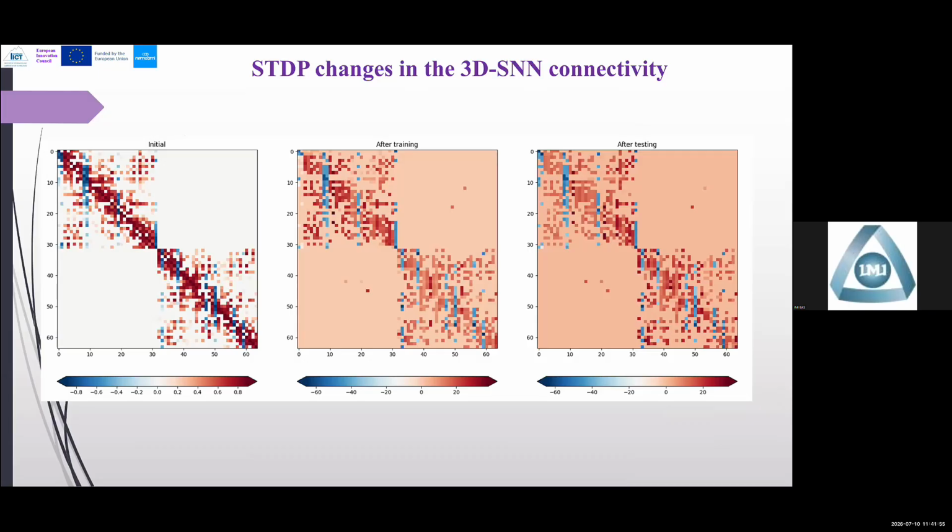Do you have an inhibitory process? Yes, we have. You see the range here: blue is negative, red is positive, and these here are zeros.